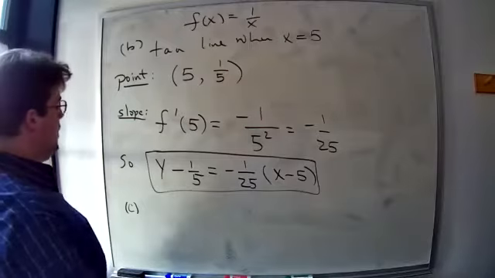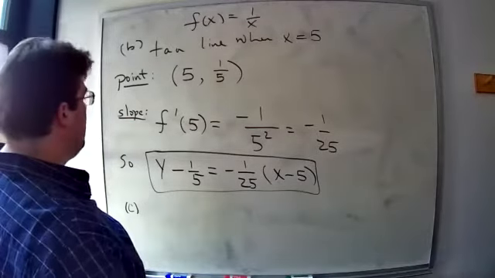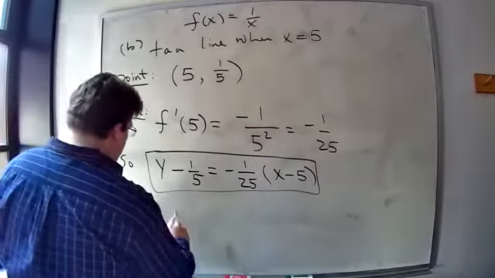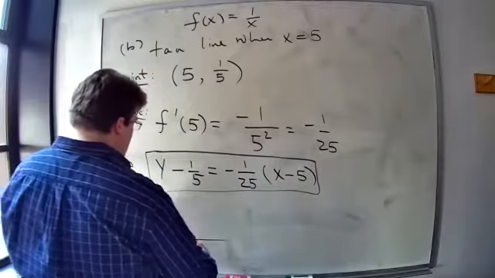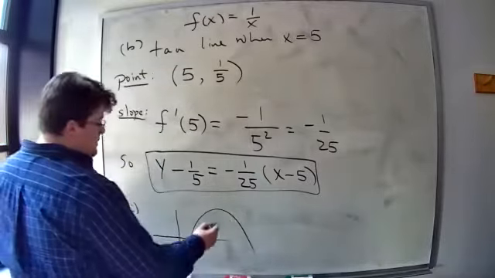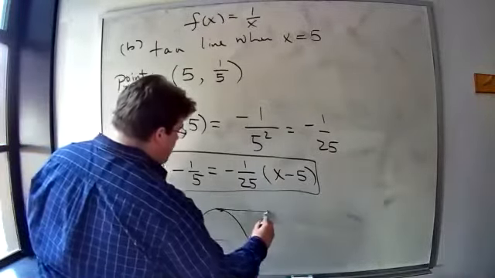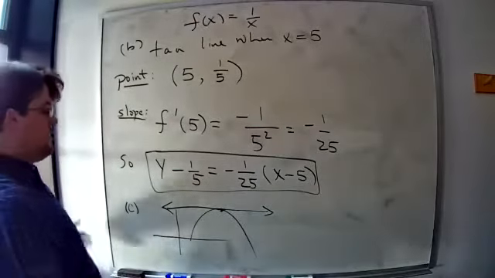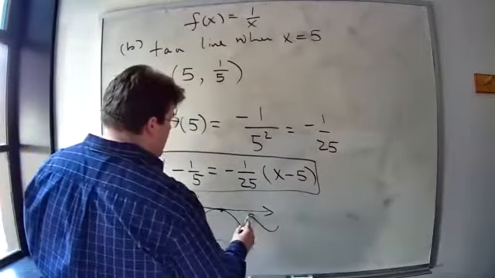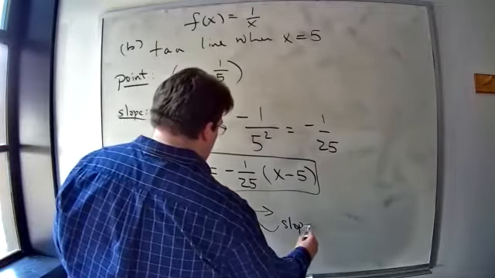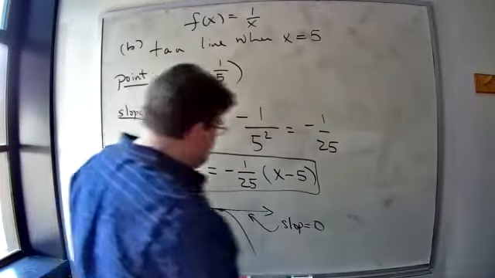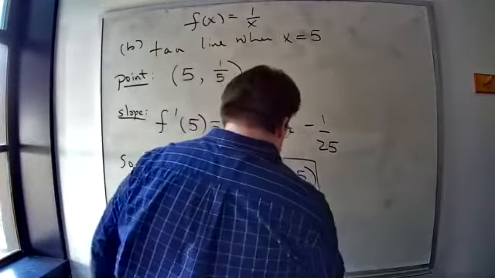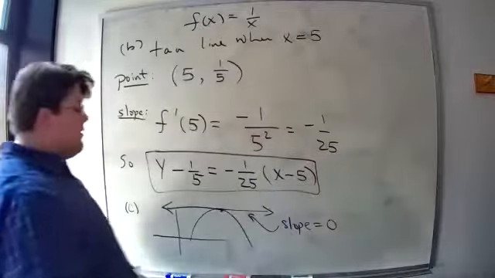At part C, at which x value does this function have a horizontal tangent? Well, what does a horizontal tangent look like? A horizontal tangent is a tangent line that's horizontal. So in particular, it's a tangent line where the slope is 0.